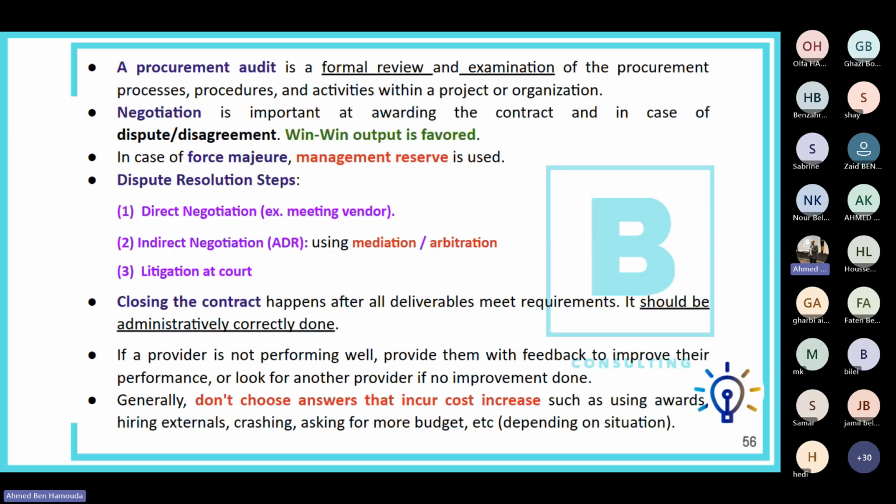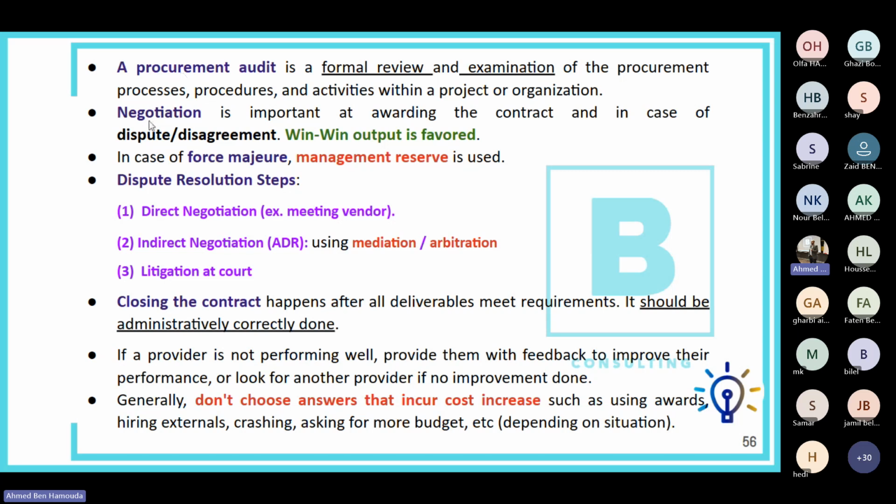Now, in PMI's mindset, it's important also to audit the processes, audit the application of the processes, such as auditing risks, auditing procurement, etc. So, procurement audit is a formal review and examination of the procurement processes, procedures, and activities within the project or the organization.